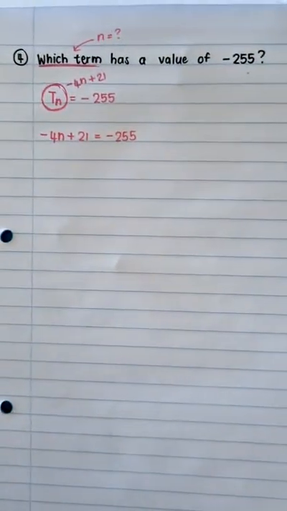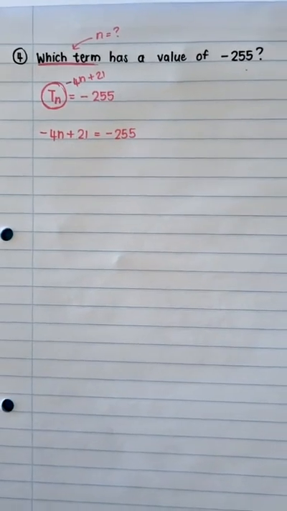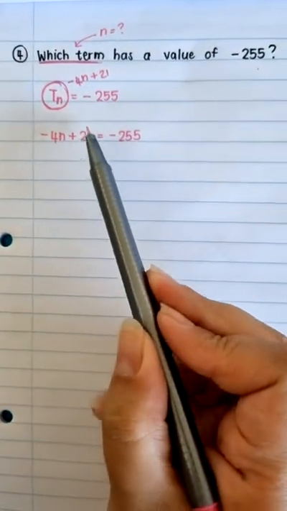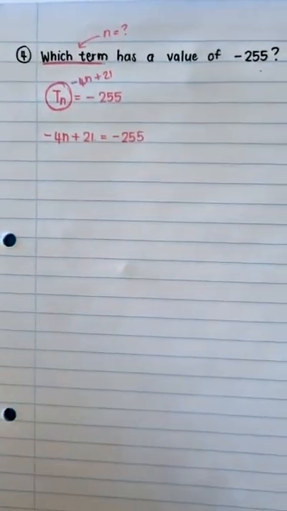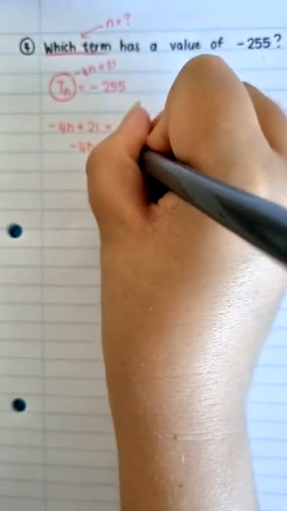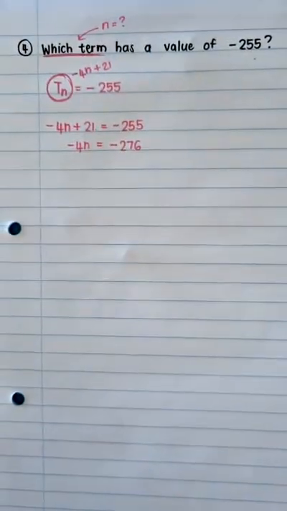And now this is just a normal equation that we're going to solve. All right, so this plus 21, in order to get rid of it, I need to minus 21. So I'm going to minus 21 on that side as well. So I'm going to get negative 4n is equal to negative 276.